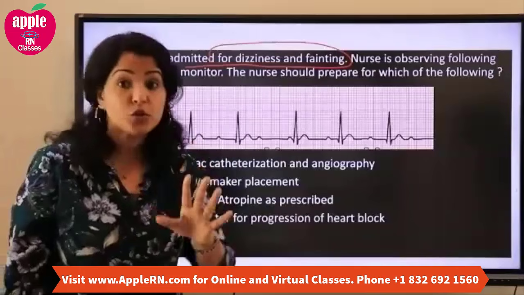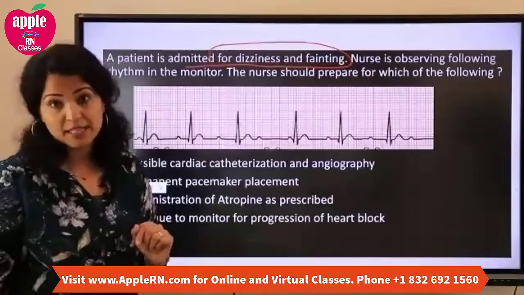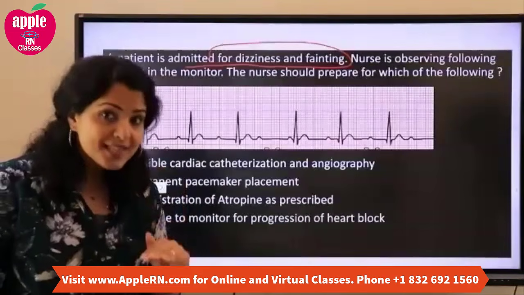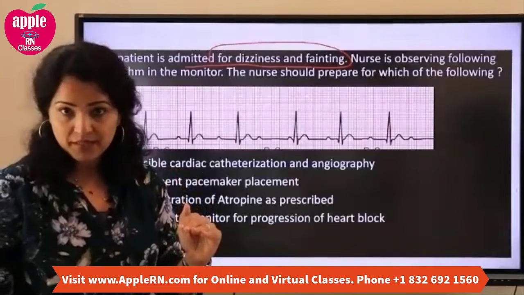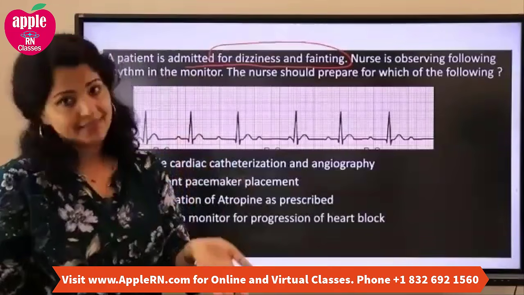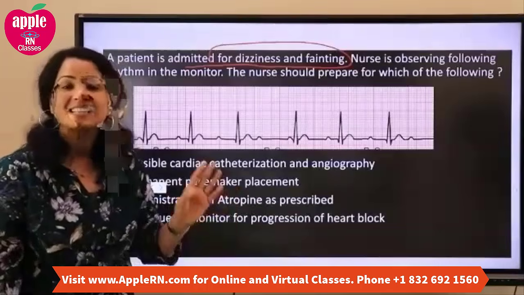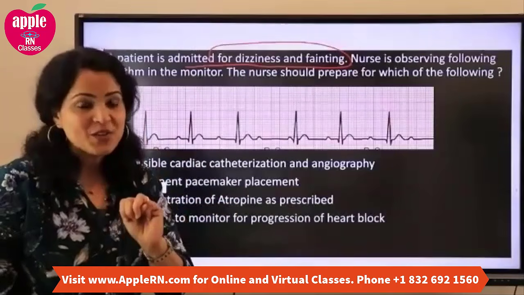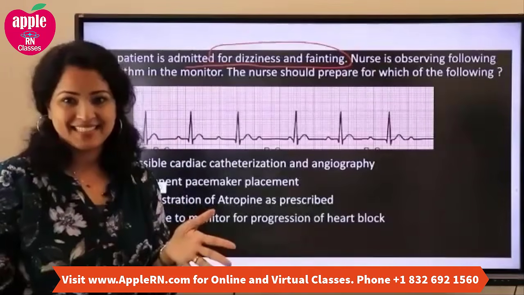If it was type 2, I would have gone for the pacemaker. But because it's type 1, we will try with the atropine. If it fails, then the next step. Okay, so the answer here for us is number 3, which is the atropine, the counseling, right?